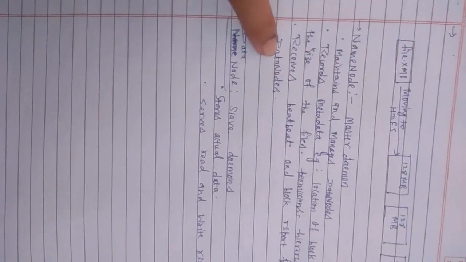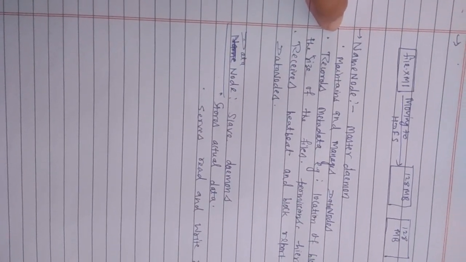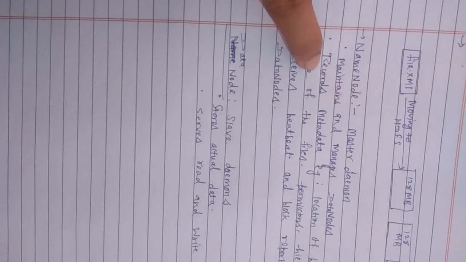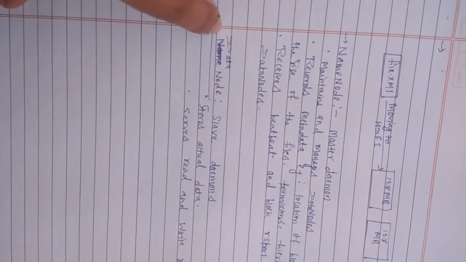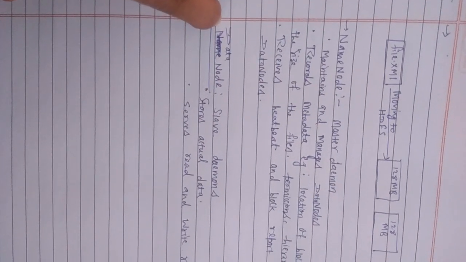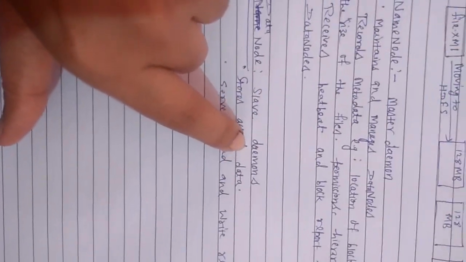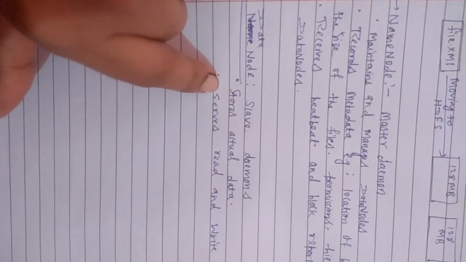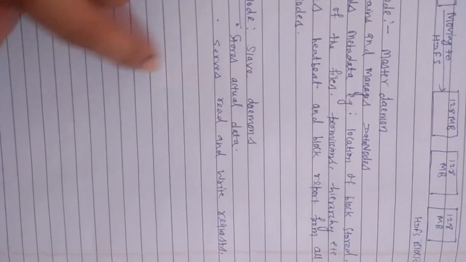When the heartbeat stops, that means the data node has been damaged. Then the name node searches for the data in another data node in which the replicated data is present. What is a data node? The data node is a slave daemon. It stores actual data and serves real read and write requests.